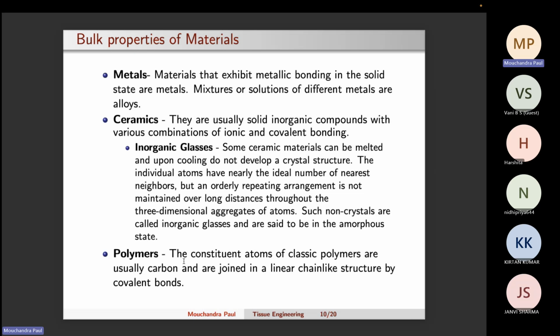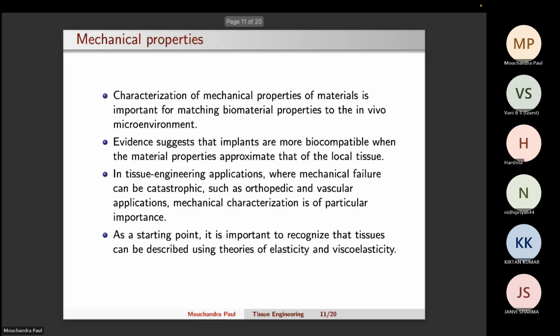So, in polymers, the primary bond that is there is the covalent bond. Based on what kind of atomic bonds are there, the characteristics of the material change, and because of which we are able to classify it into different types.